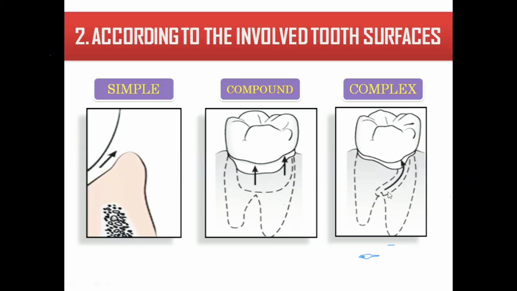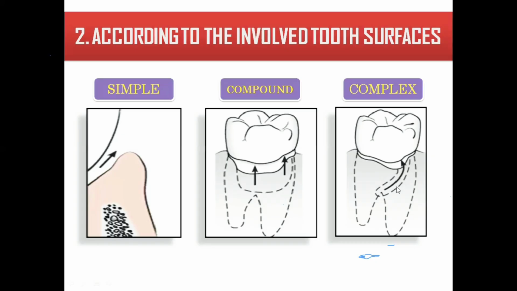In a complex pocket, there can be involvement of two surfaces, but they are non-adjacent. Non-adjacent means that the base of the pocket is on one surface, then the pocket spirals around the tooth, leaves one surface and opens on the next surface.